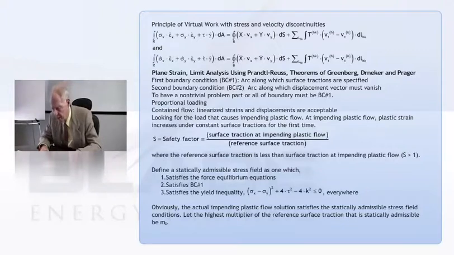Drucker was one of the most influential mechanical engineers that I've ever known. Little things like he was president of American Society of Mechanical Engineers. He was president of the American Society of Civil Engineers. He was president of the American Society of Engineering Education. And in spite of that, his contributions to plasticity are amazing.